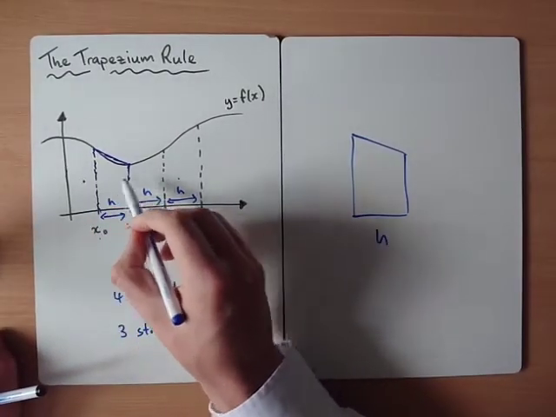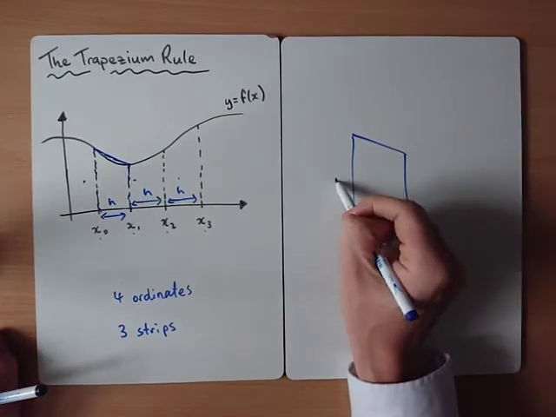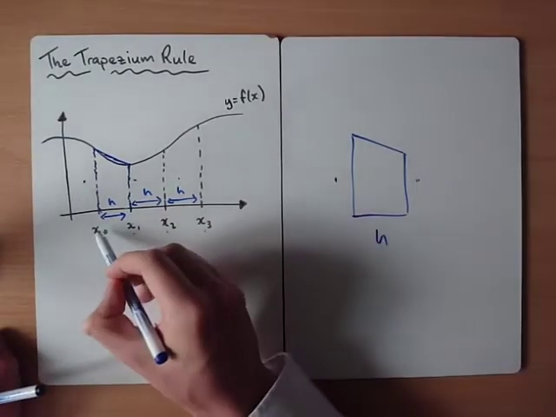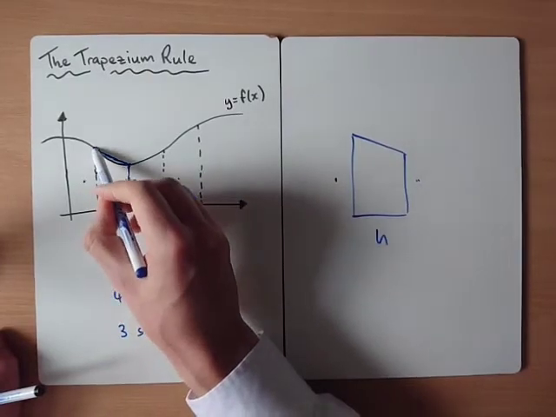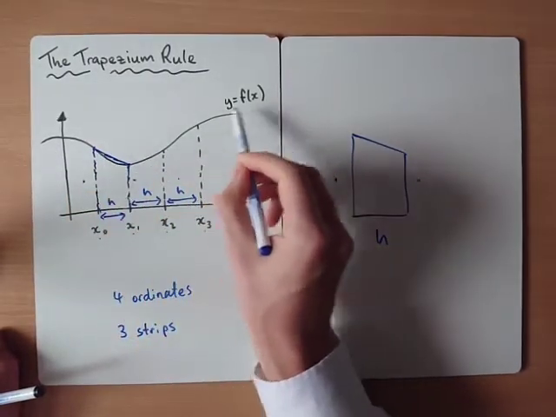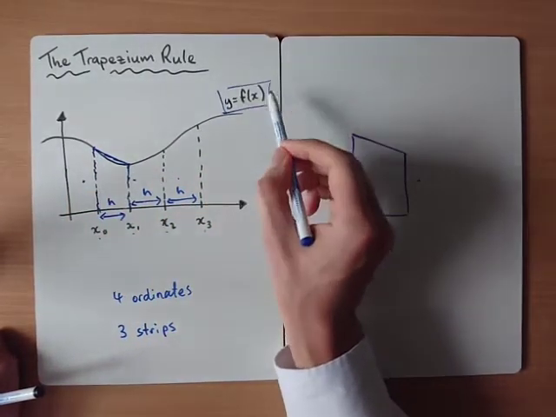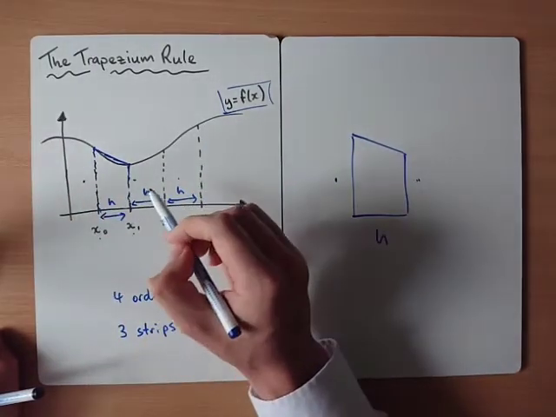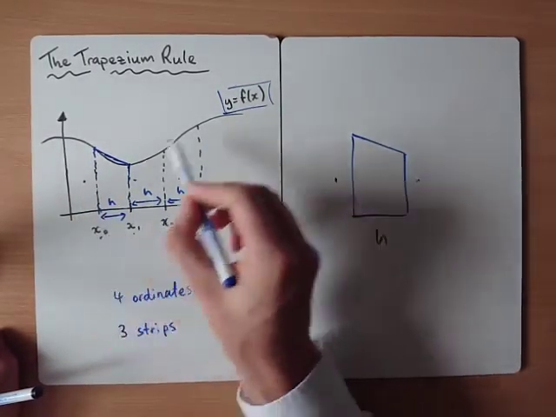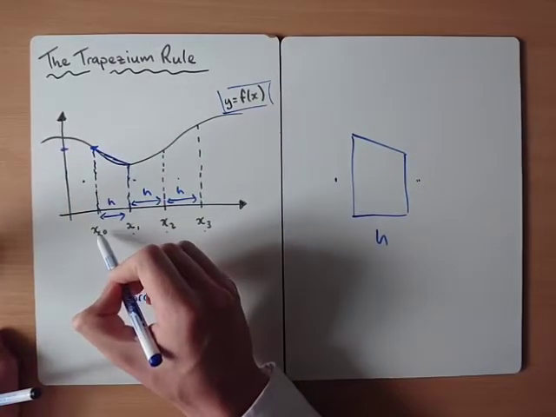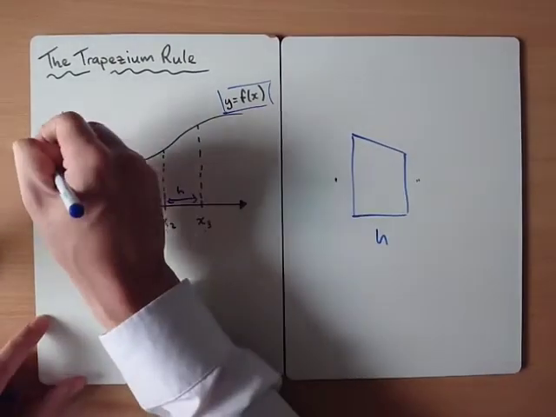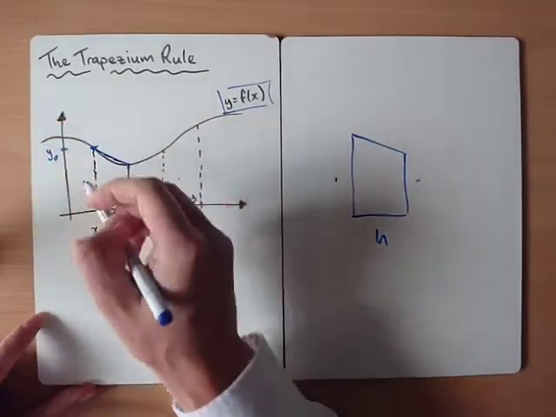We need to get the parallel sides, these 2 sides here. And the way that we do that, if you think about it, if that's our x value, if we want to figure out the height of our trapezium, just sub it into our function. Whatever this curve is, whatever this function is in the question, if I sub in my x value into my function, that's going to give me the y value, isn't it? So, the notation, if that's x0, we'll call that bit y0.